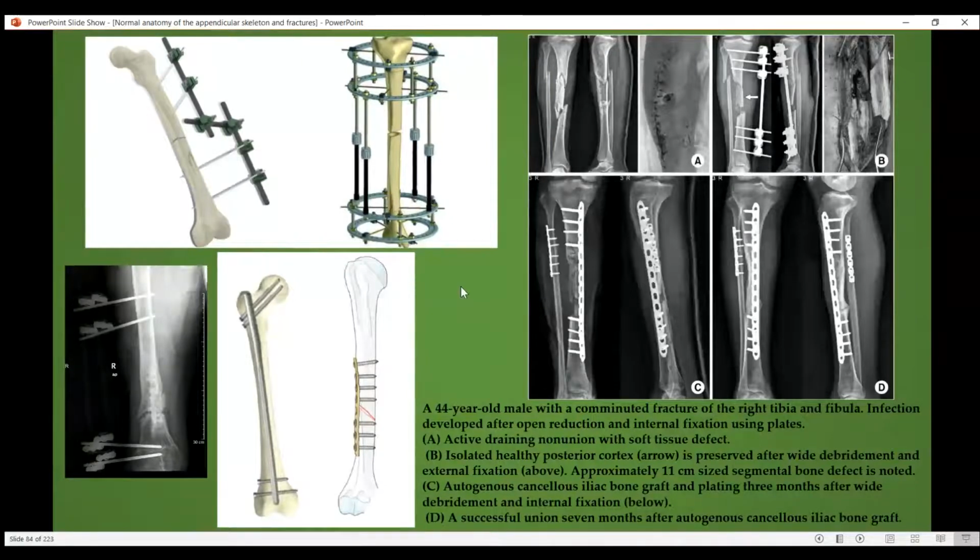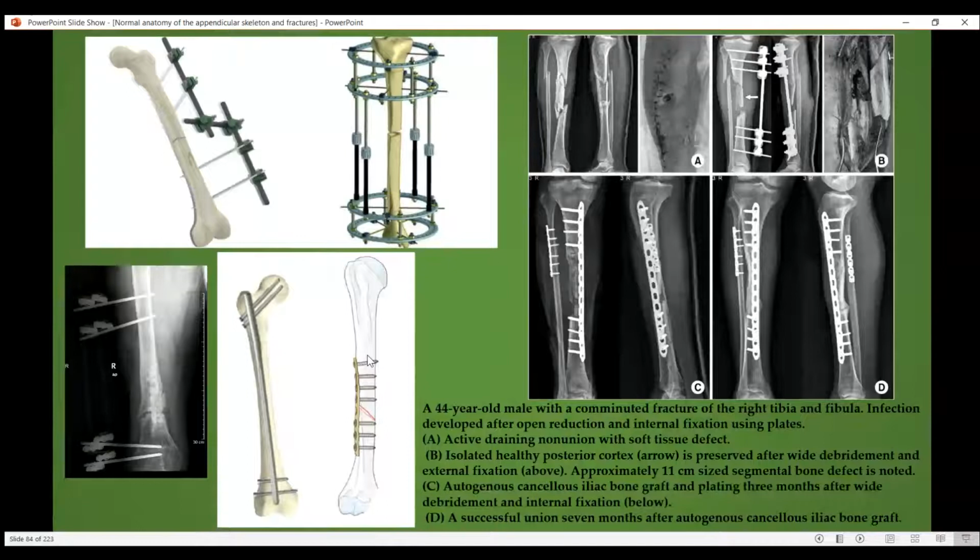The same patient is then fixed with the internal devices as well. There will again be wound debridement after a few days, and then we are going to fix the fracture with the internal fixation devices, the screws and so on that are bored in. This is an open surgery.